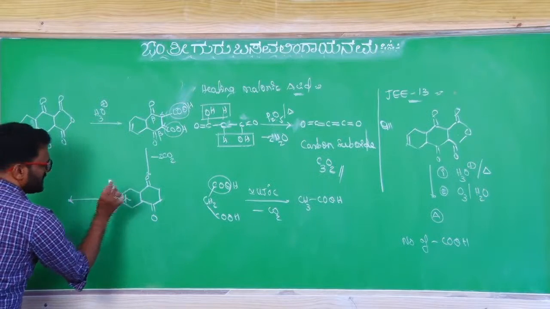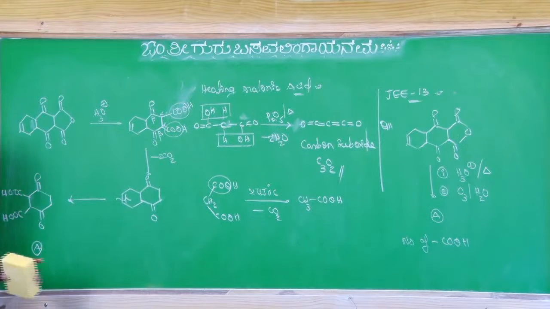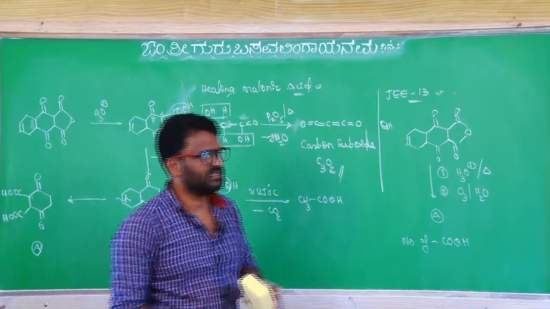So here there will be ozonolysis, and these 2 carbons convert into carboxylic acids. Alkenes convert into carboxylic acids without zinc; with zinc, alkenes convert into carbonyl compounds. So now in this final product A, how many carboxylic groups are there? 2. So now the answer is 2.